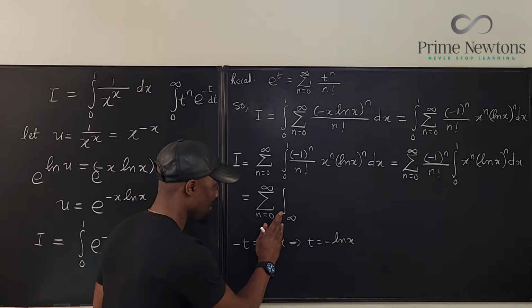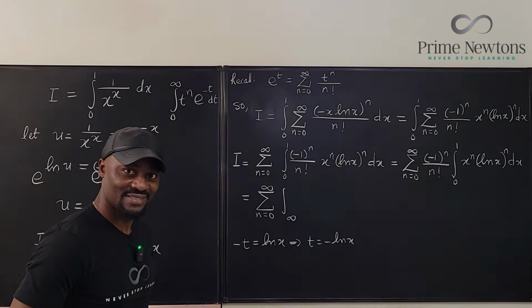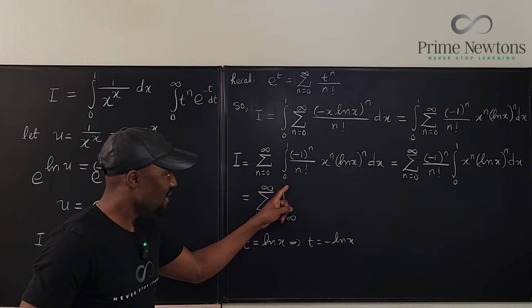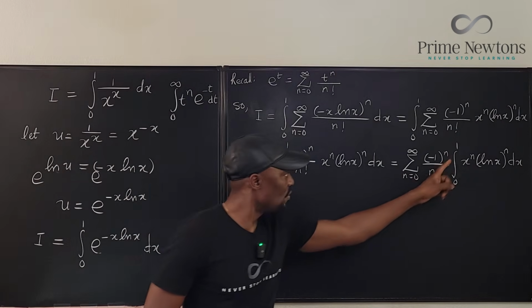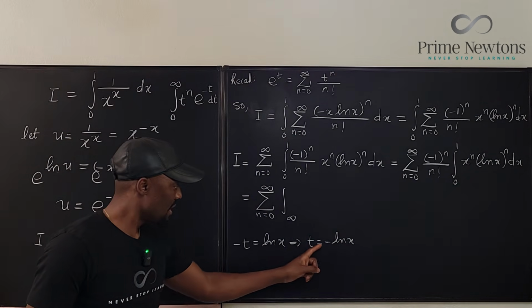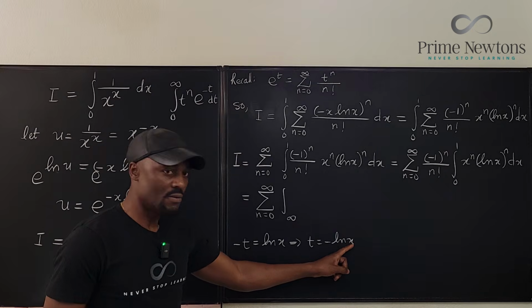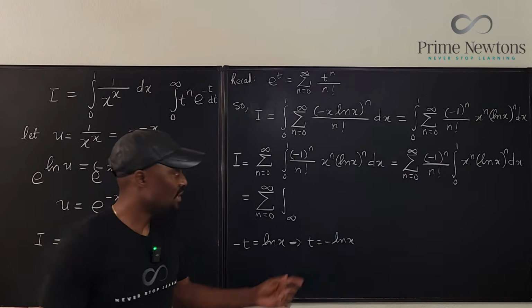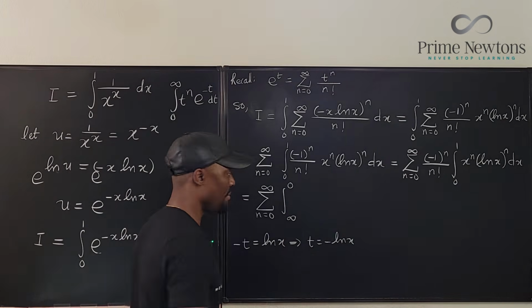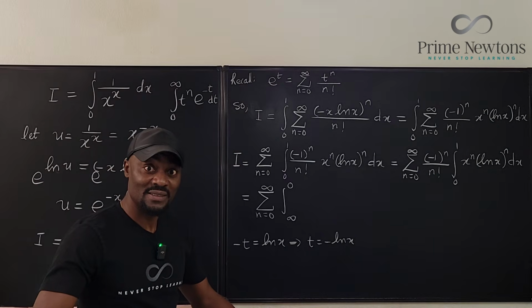So I'm going to do this. Nice. And then when x is 1, this is going to be ln of 1 is 0. 0 times minus 1 is still 0. So I got 0 on top. Perfect. I don't have to do it twice.